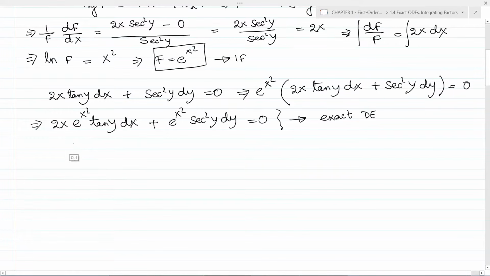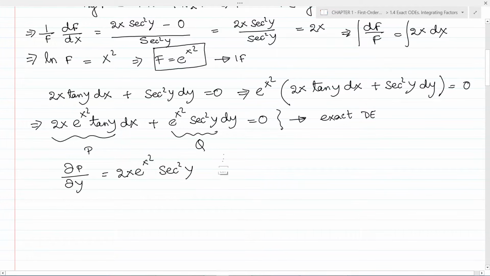Now let us assume in this equation this first term is P and this second term is Q. We will calculate del P by del y, which will be equal to, the x terms will be constant, so this will be 2x e to the power x square, and derivative of tan y will be sec square y.